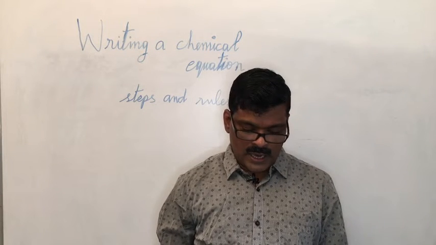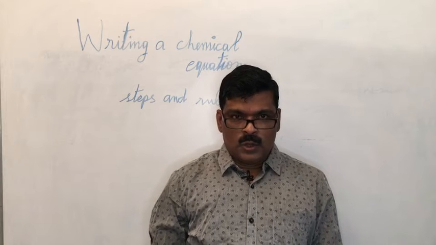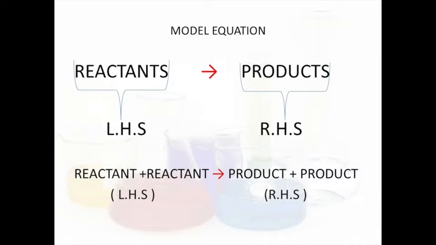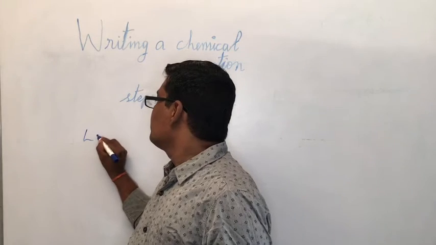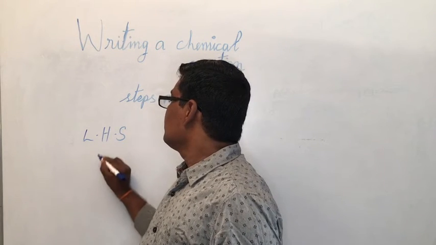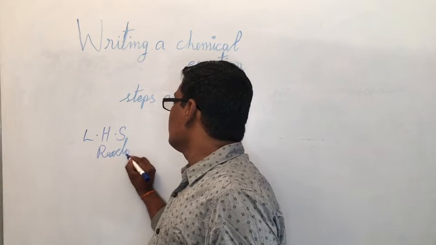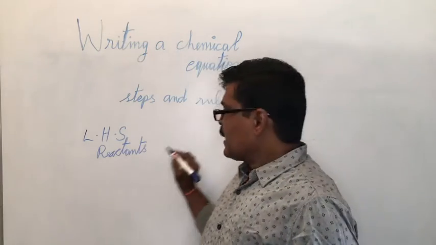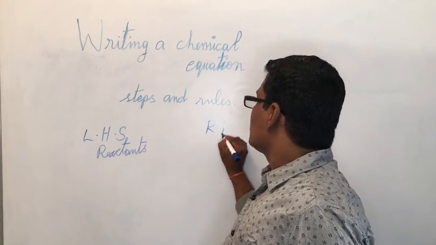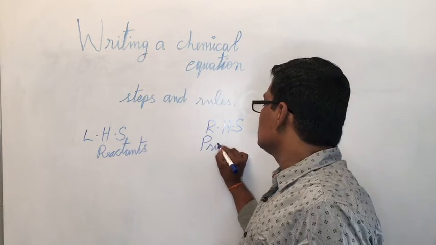For that, we need to write a chemical reaction and its products with a rule. So, what is the first rule? Always we should write the reactants on the left hand side. On the right hand side, we should write the products which are produced.